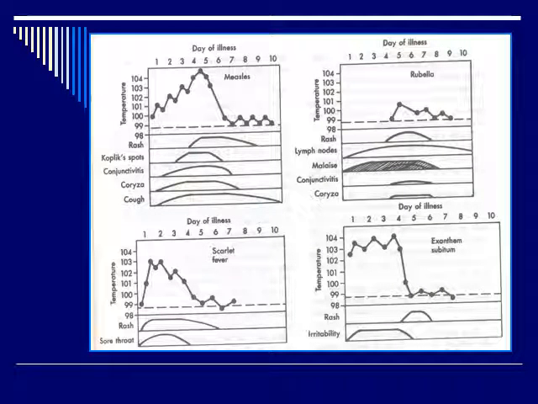This figure illustrates the clinical manifestations of different infections with rash. Clinical manifestations include temperature chart, the rash, and the correlation between the appearance of the rash and the start of rise of temperature, and the associated signs and symptoms. Of the associated signs and symptoms, there is a pathognomonic sign.